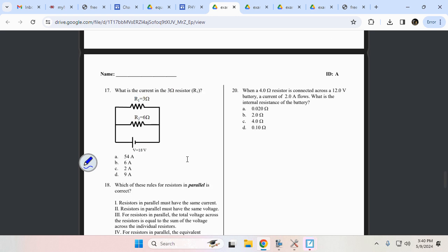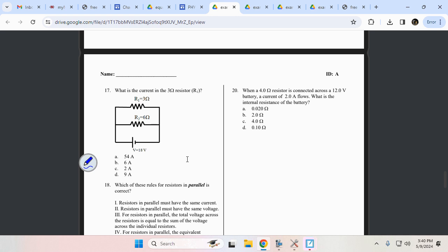All right, so if I have a 4 ohm resistor connected to a 12-volt battery, I would expect 3 amps to flow through that 4 ohm resistor, right? I is V over R, 12 over 4 is 3. But instead, I have 2 amps that are flowing. So I want to know what is the internal resistance of the battery.